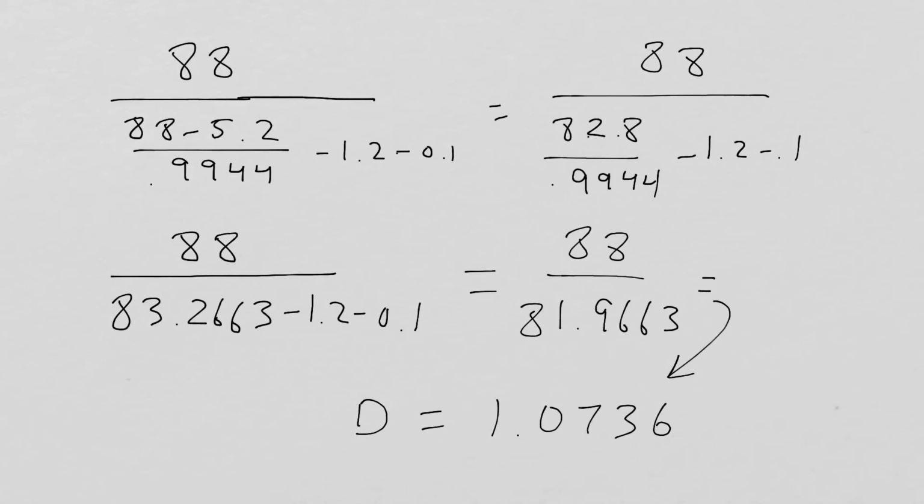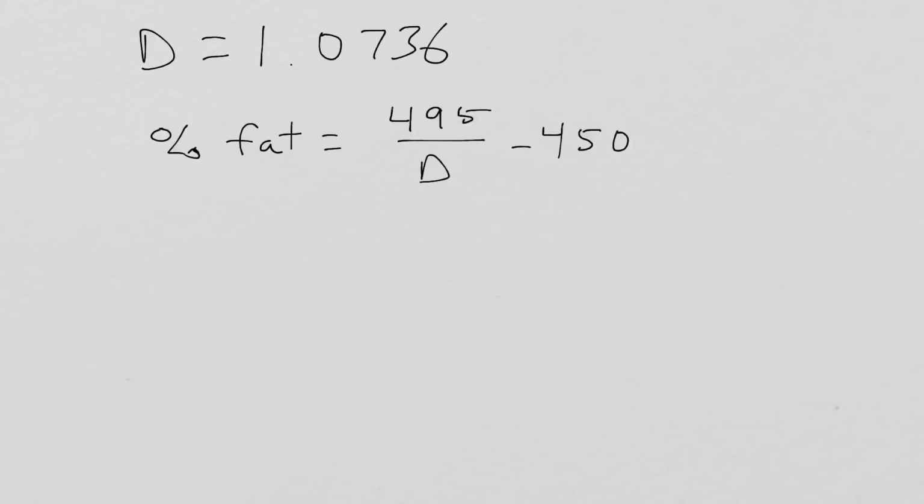Now that we've determined the body density, we go back to the Curie equation, plug it in, and you'll get a percent fat. So let's erase all of this, and we'll start again with our density equals 1.0736. So I've just written in the Curie equation, which is percent fat equals 495 divided by density minus 450. So in this case, we would say 495 divided by 1.0736 minus 450.